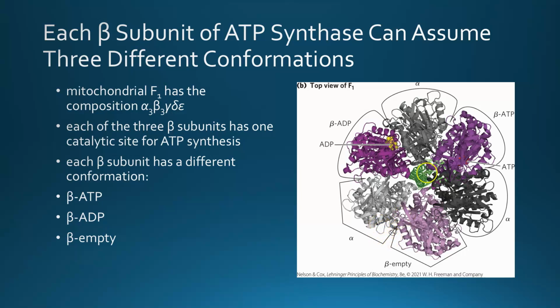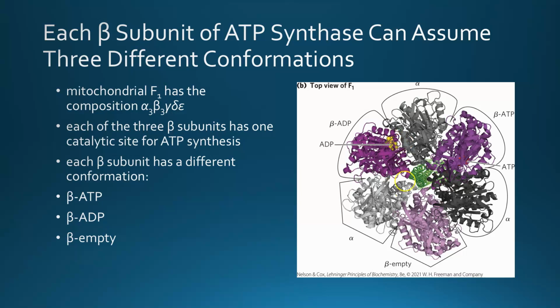Then when this internal protein rotates, the conformations of these change to be like these. In that case, we have the loose site. This is the one that allows the ADP and the phosphate to diffuse into the active site. Here's the ADP that has come into the active site.